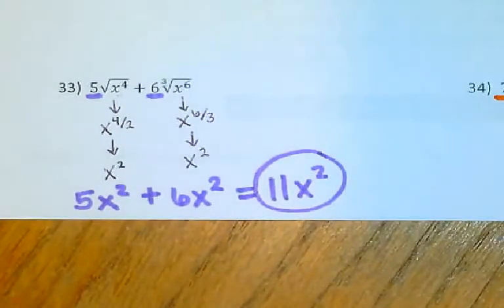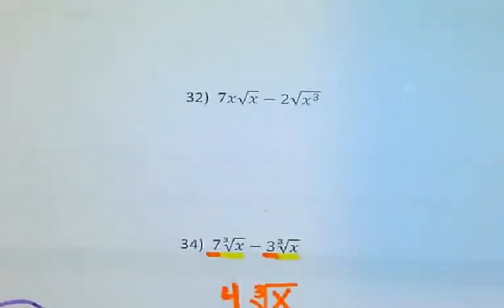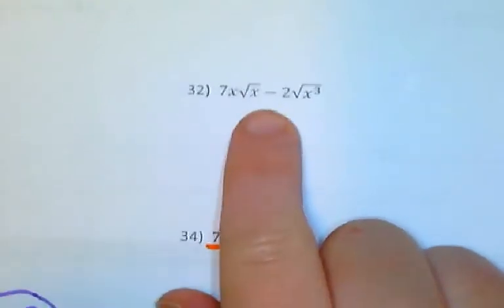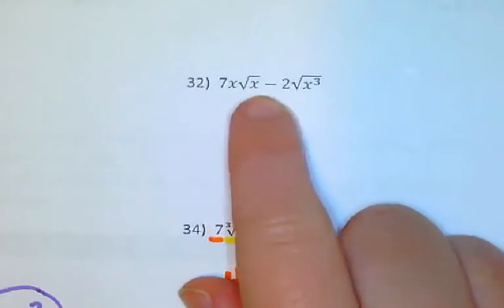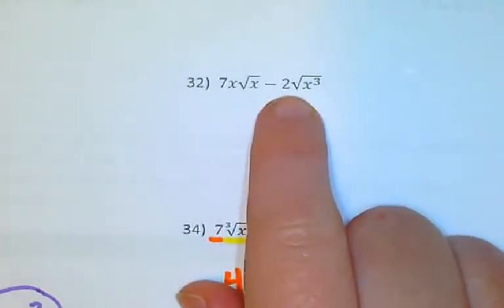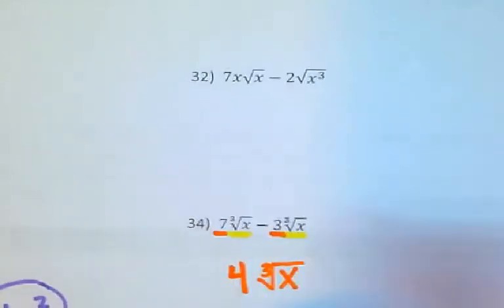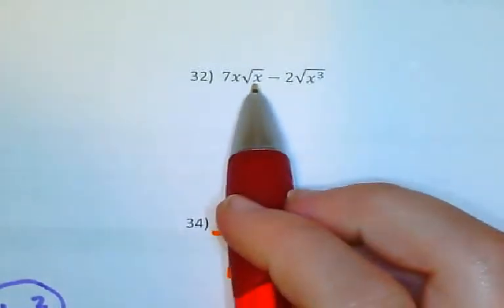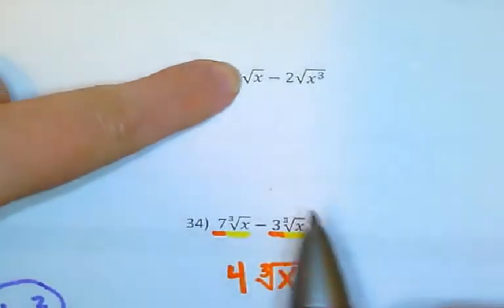Take a look at one other example. Right here, I've got this 7x and then the square root of x, and then minus 2, the square root of x cubed. If we take a look at this, the 7x is already on the outside, so I'm not going to worry about that right now.